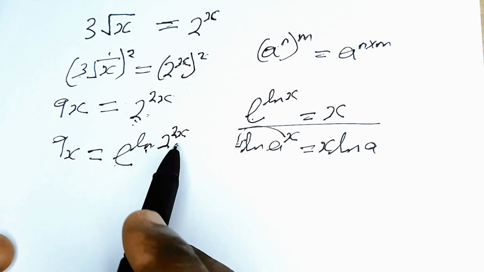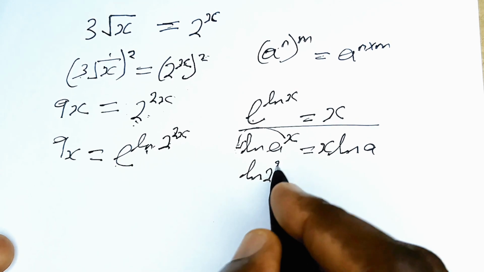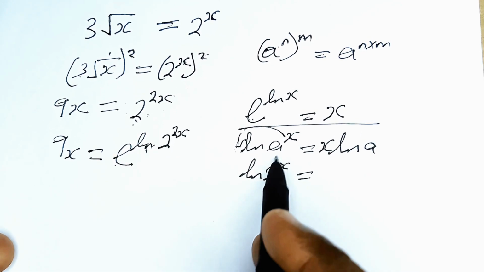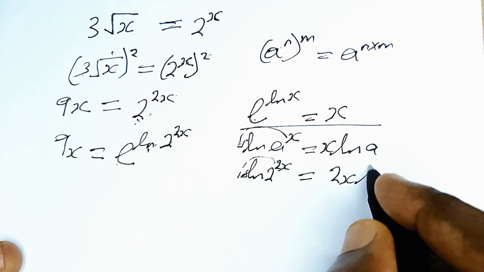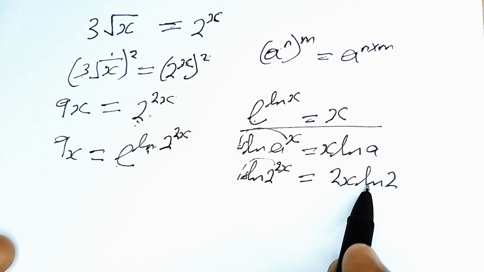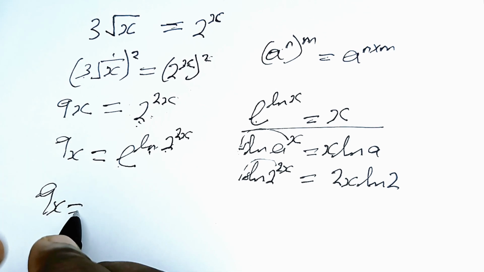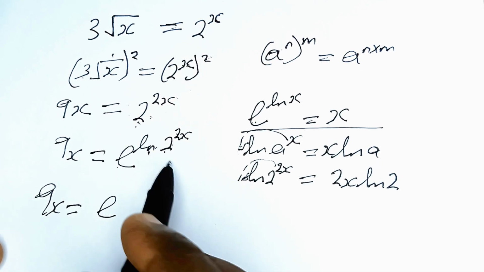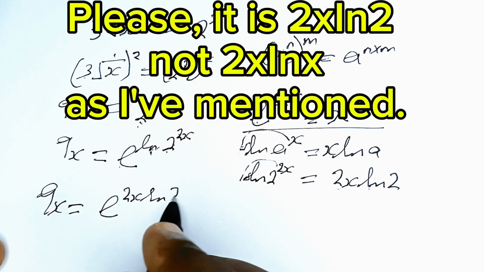When you have ln 2 raised to power of 2x, this 2x can come over here, so we have 2x ln 2. Putting that here, we have 9x is equal to exponential of, instead of this, 2x ln 2.